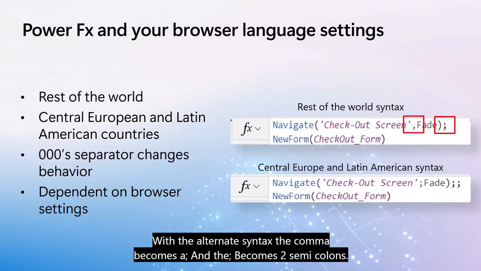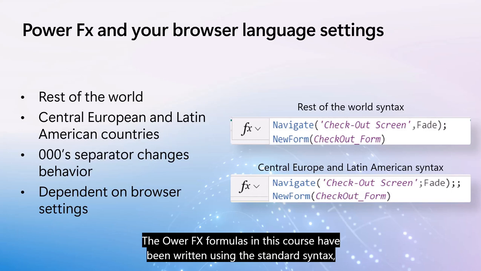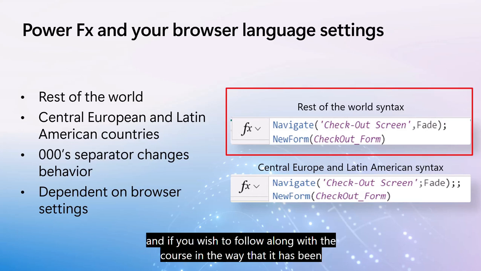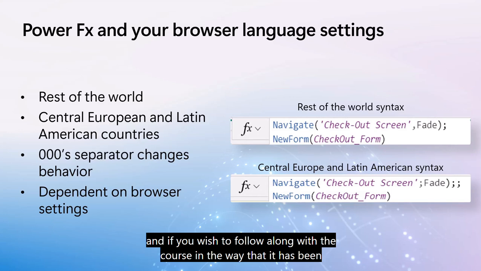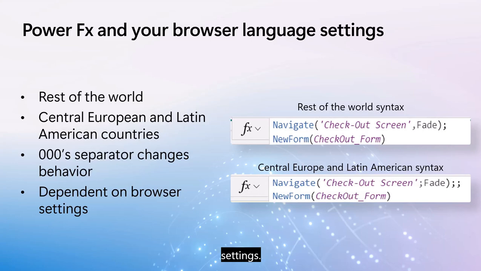With the alternate syntax, the comma becomes a semicolon, and the semicolon becomes two semicolons. The Power Fx formulas in this course have been written using the standard syntax. And if you wish to follow along with the course in the way that it has been prepared, then you'd need to change your browser settings.